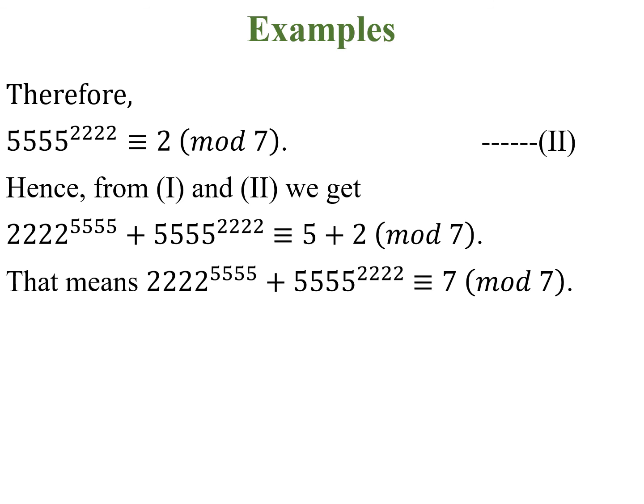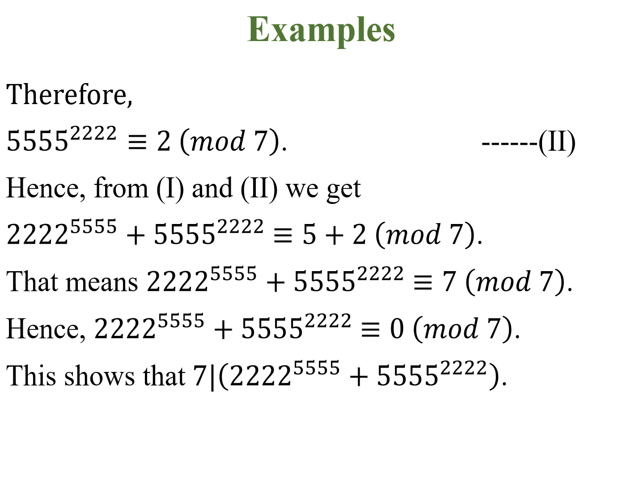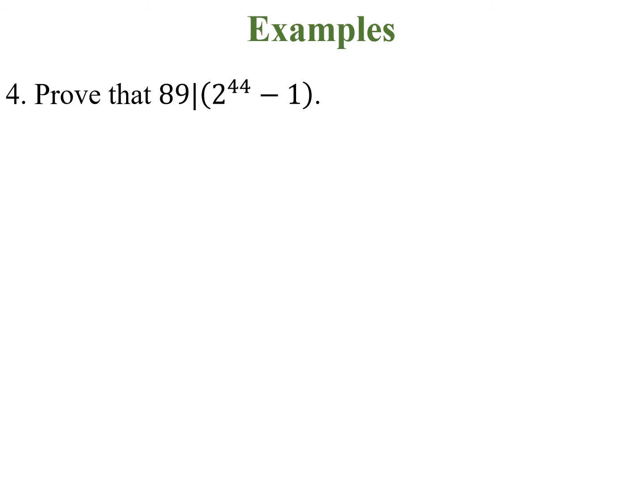So we can say that 2222 raised to 5555 plus 5555 raised to 2222 is congruent to 0 modulo 7, meaning when we divide this number by 7, we get 0 as the remainder. In this way, 7 divides this number. This shows that 7 divides 2222 raised to 5555 plus 5555 raised to 2222.